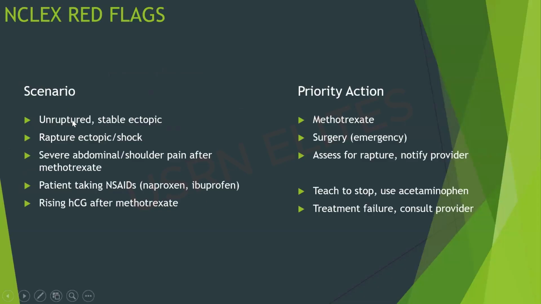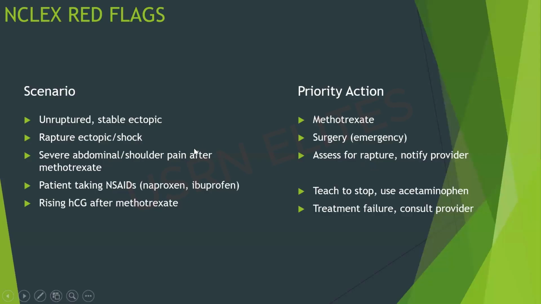So one thing that you have to know, unruptured means that the patient is stable. We use methotrexate. All right. Ruptured ectopic, patient is unstable. There's shock, surgery, emergency. Severe abdominal pain means that you have to what? Assess for rupture.